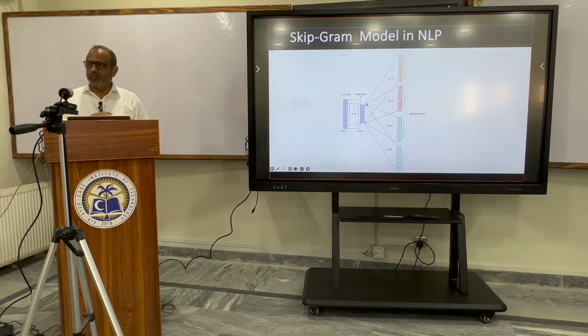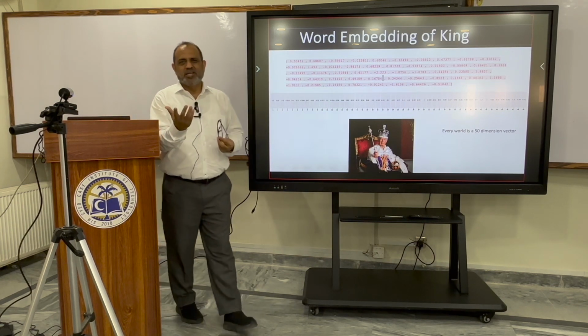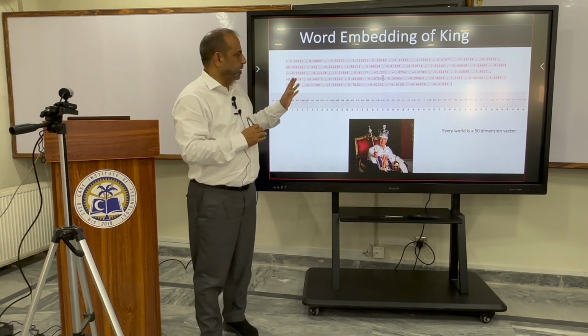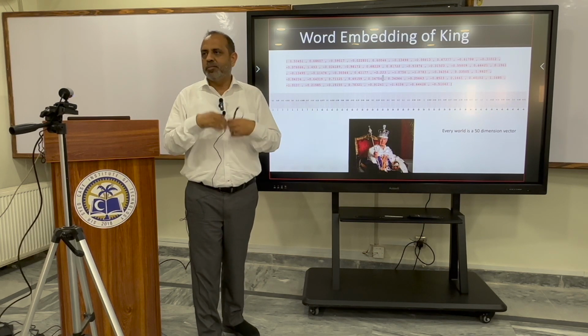We'll spend more time once we get into the details, but what's important is the representation. Here is a king, okay, and you can specify how many dimensions you want. Once you represent, you can say represent in 3-dimensional space. There is also another slide which I'll show you: as you increase that dimension, you get more accuracy.